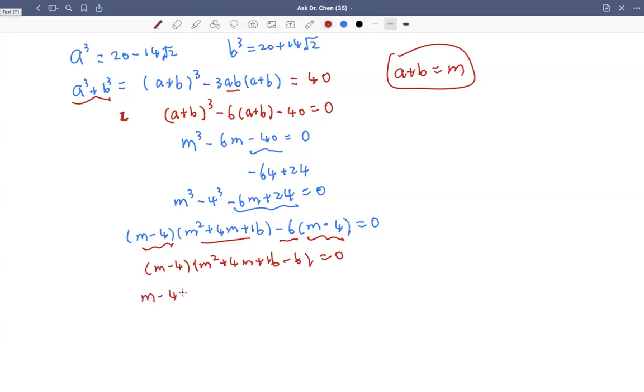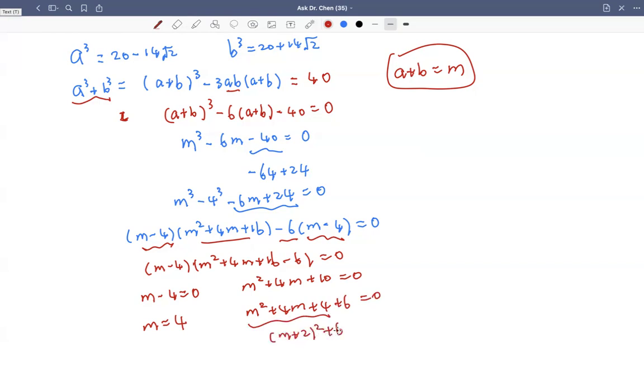That means m minus 4 equals 0, which gives us m equals 4. And then on this side, simplifying, we get m squared plus 4m plus 10 equals 0. That can be written as m squared plus 4m plus 4 plus 6 equals 0, because this is a perfect square, m plus 2 squared.